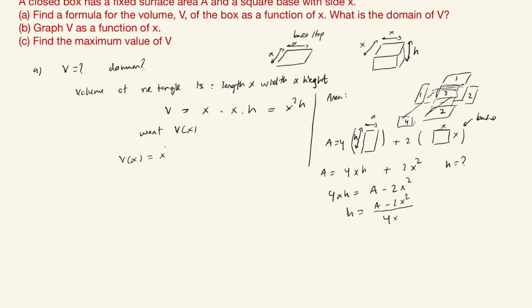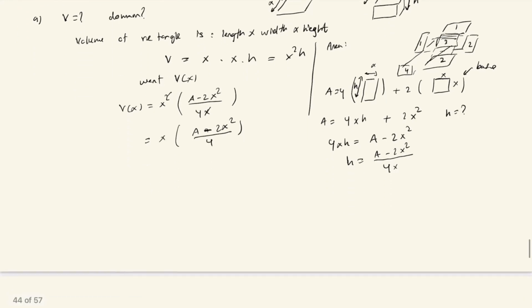Now the volume is going to be x squared. I'm going to substitute the value of h, which is A minus 2x squared over 4x. Now I can simplify, so again I have x and then multiply by A minus 2x squared over 4.